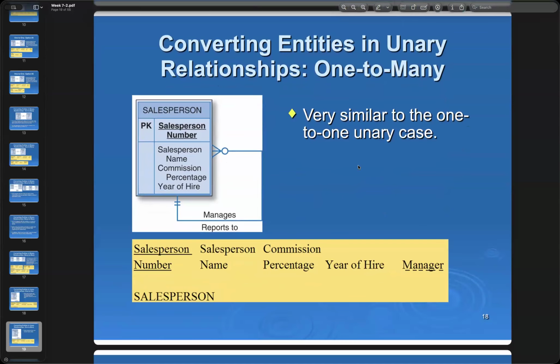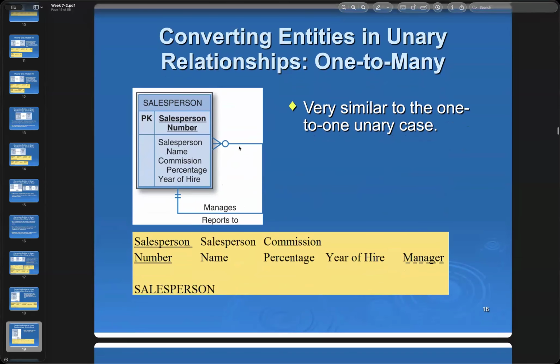And also we talk about the manager right here. Okay, so the salesperson. If you look at this part, you may interpret it wrong or mix it up, so you need to be careful. So what's the correct situation? Let's say many salespersons report to one manager, right?